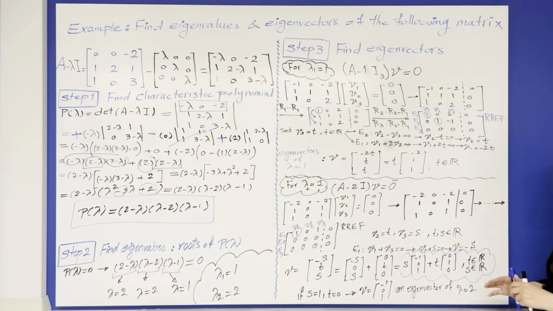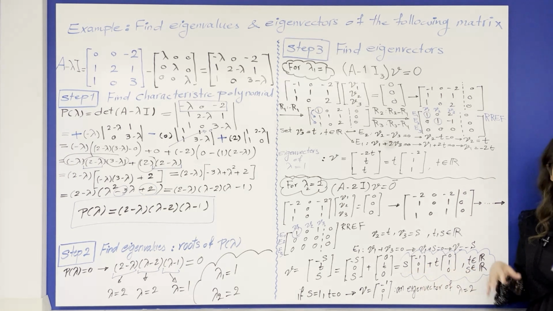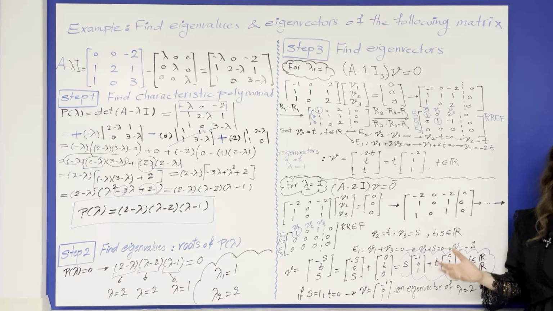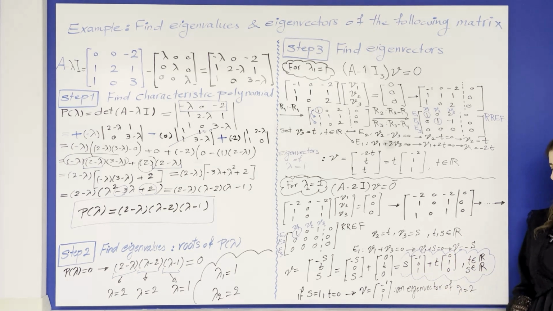Again, you can set S and T to be any parameter in R. You will get different answers. But the point is that all of them are eigenvectors corresponding to lambda being 2.